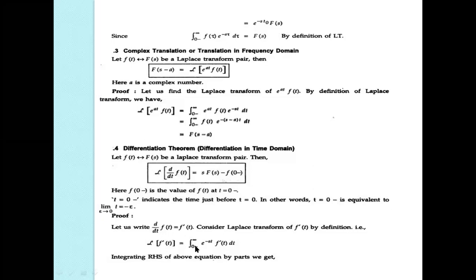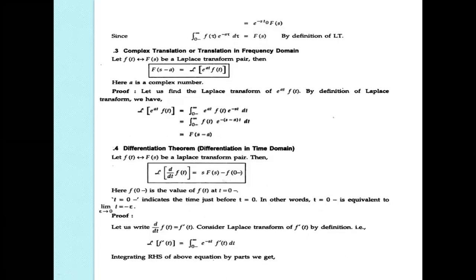See, the definition is the integral from 0 minus to infinity of e power minus st f dash of t dt. Integrating the RHS of the above equation by parts, we get, what is the by parts here? The first function is e power minus st and the second function is the derivative f dash of t.